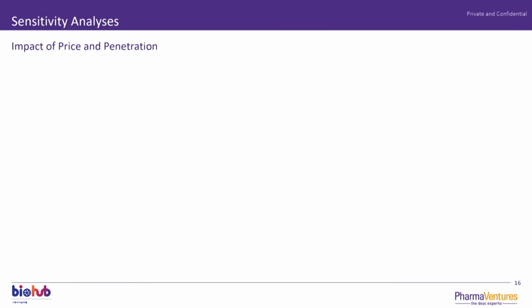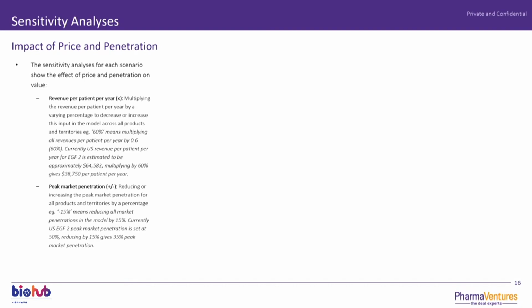We also build sensitivity analyses into the modelling when we do them, because you want to know, well, what happens if the price is slightly higher or lower? What happens if I don't get market penetration quite as much as I thought I'd do? What's the impact on my revenue line in this? So in this particular model, again, it's the non-small cell lung cancer model.